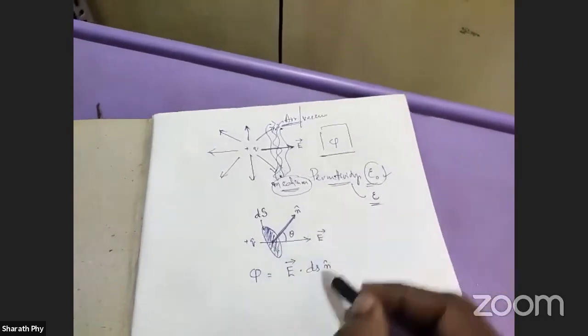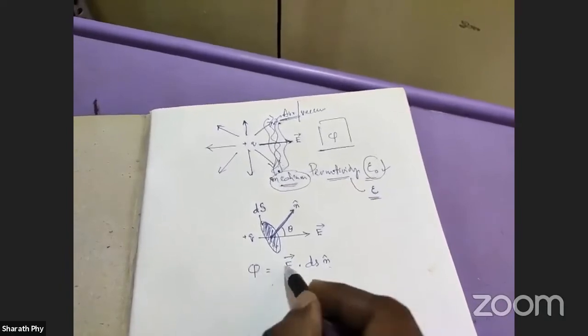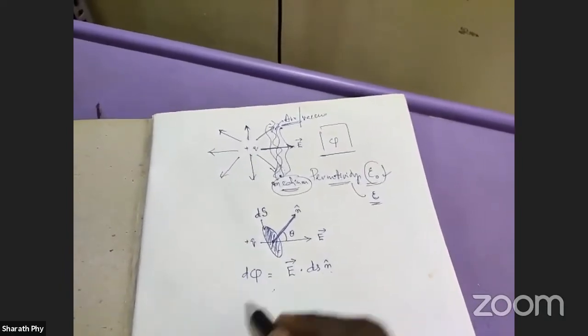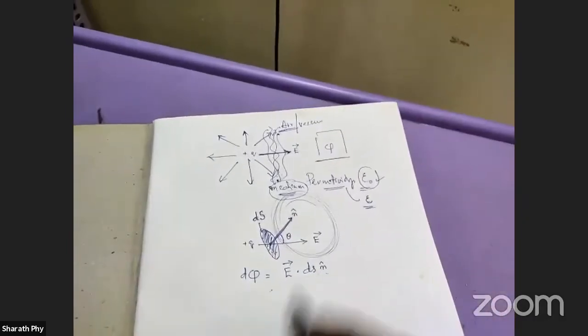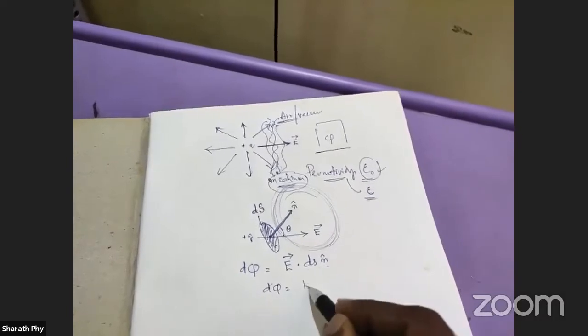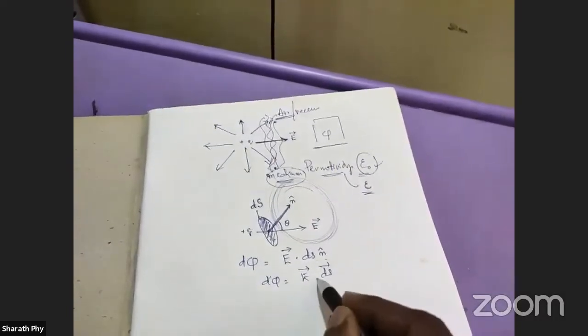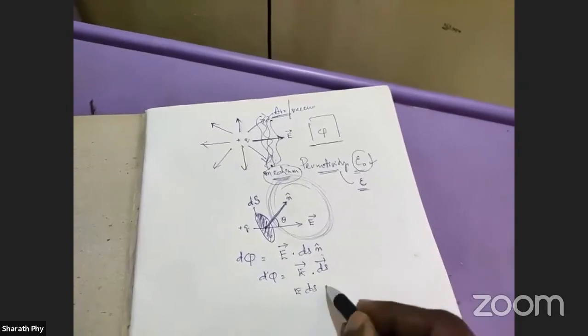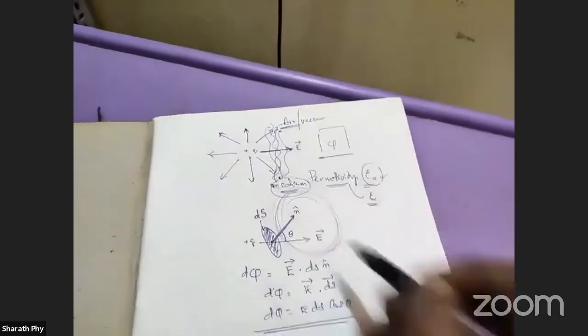So simply, for a small surface, this is a small flux at this surface, at this place. So d phi is equal to E bar dot dS bar. The dot product we know, so E dS cos theta. This is the flux at this surface.